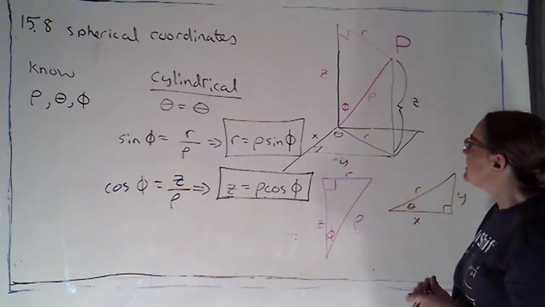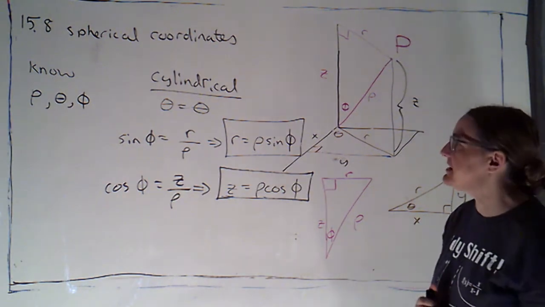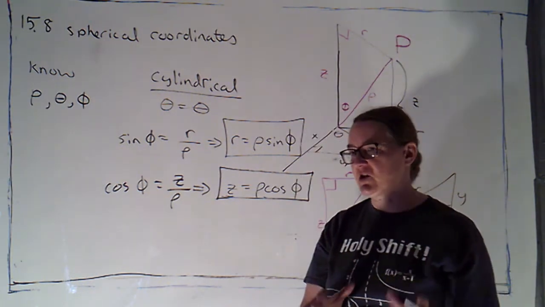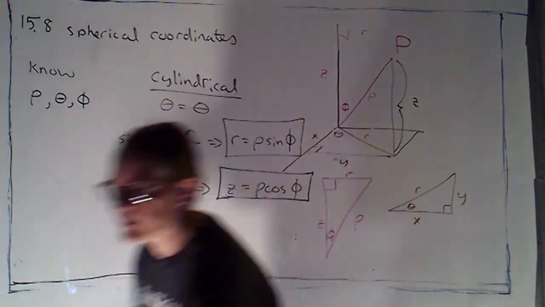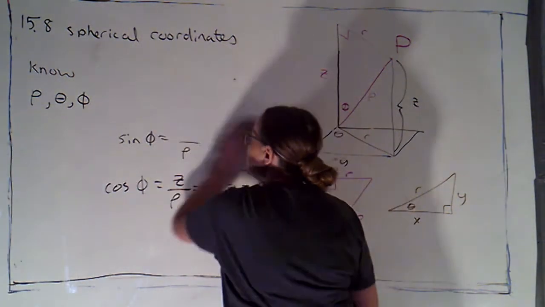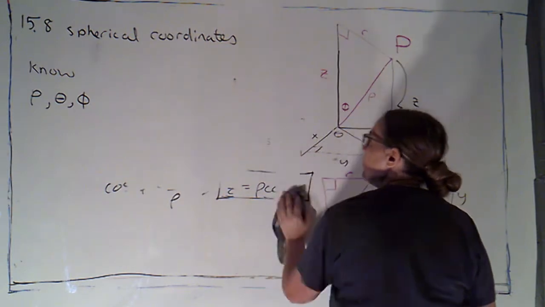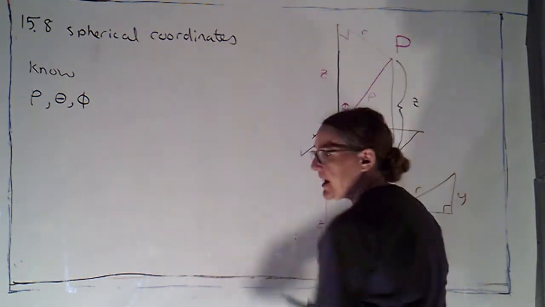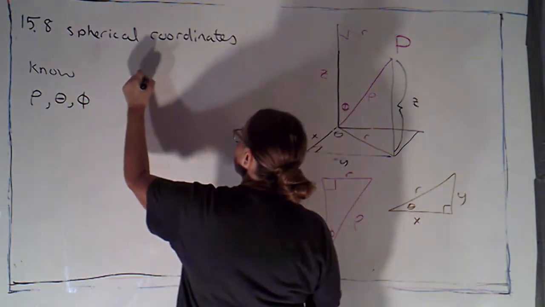Okay. All right, so let's now see if we can go back and forth between rectangular and spherical coordinates. So I'm going to suppose, again, that I know my rho, my theta, and my phi, and I want to get my rectangular coordinates.